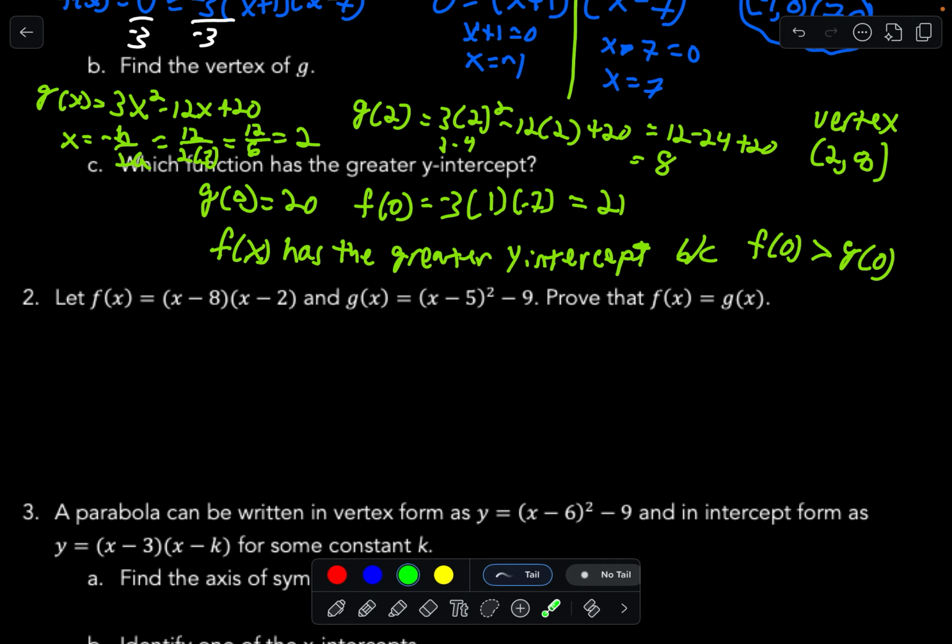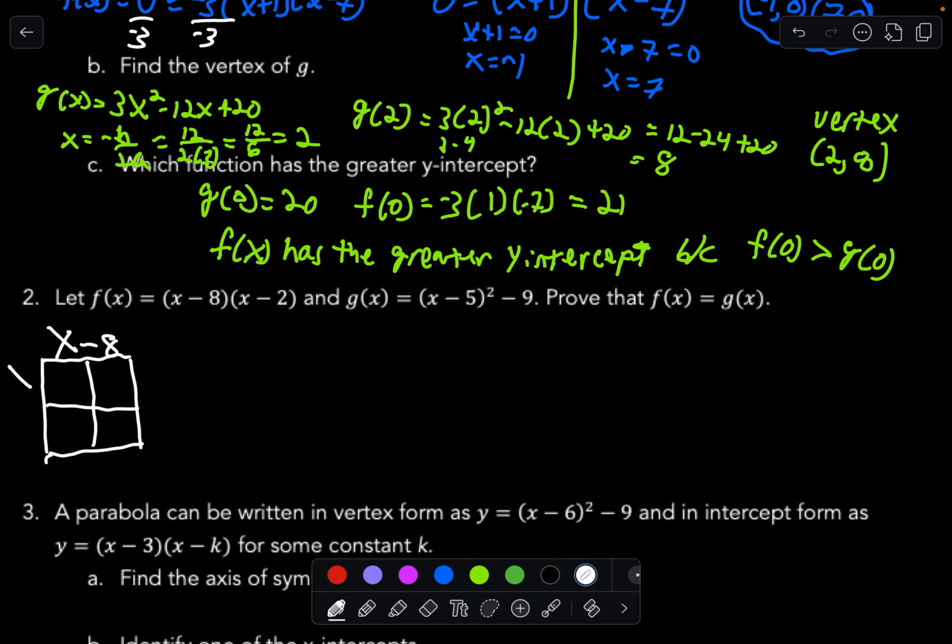So we're going to multiply both of these. All right? So f of x will be the product of x minus 8 and x minus 2.